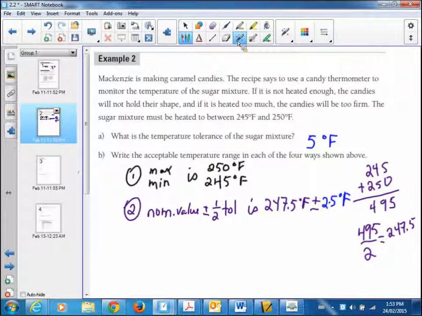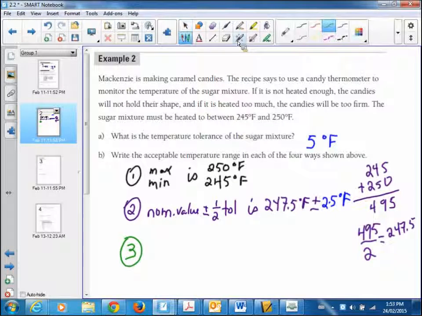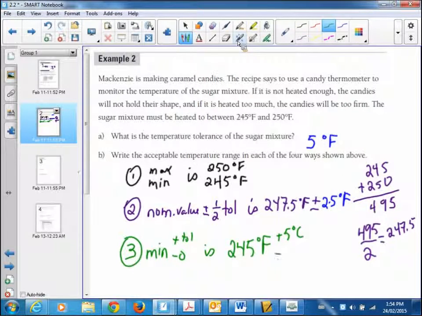What about the third? The third method is where you give the minimum and then the plus tolerance value, minus 0. What's the minimum? 245. They could say as high as plus 5 more degrees, but no lower than that.